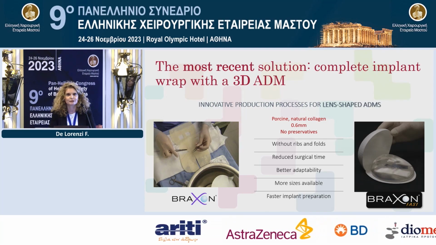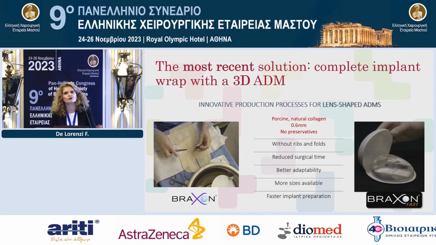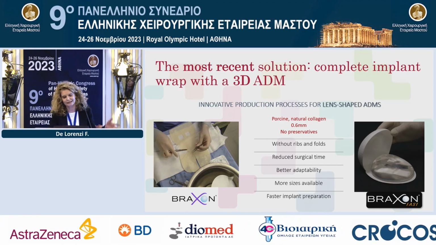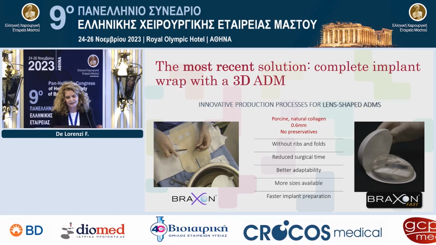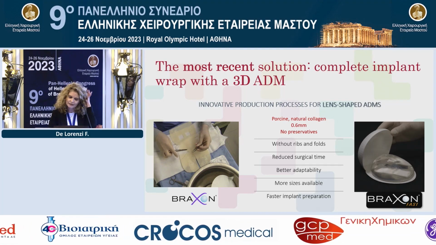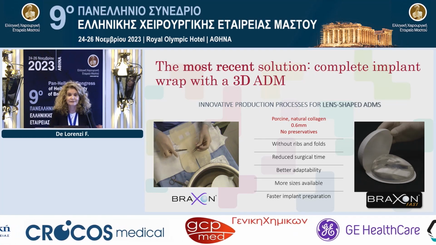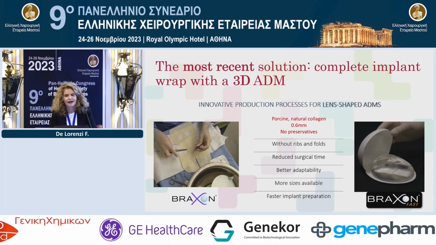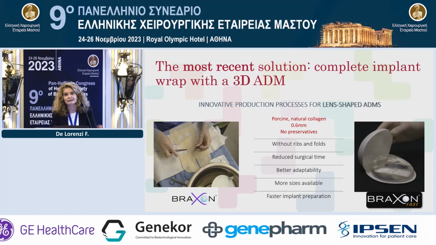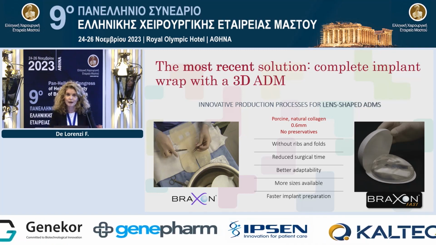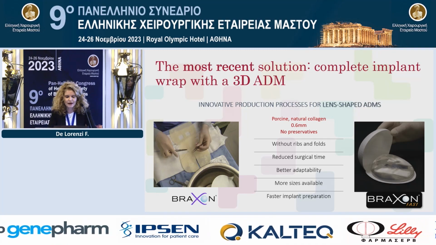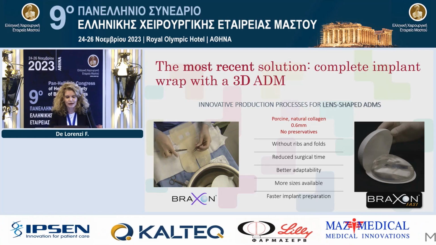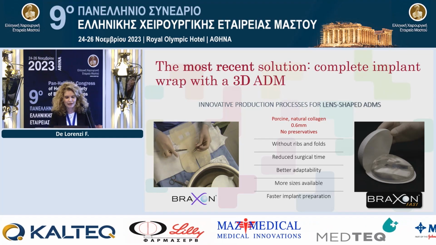It is called the 3D ADM because it is lens-shaped and pre-curved. The advantages of this matrix are a faster implant preparation, so a reduced surgical time, better adaptability in comparison with the first one, more sizes available, and no ripples and folds at the implant.